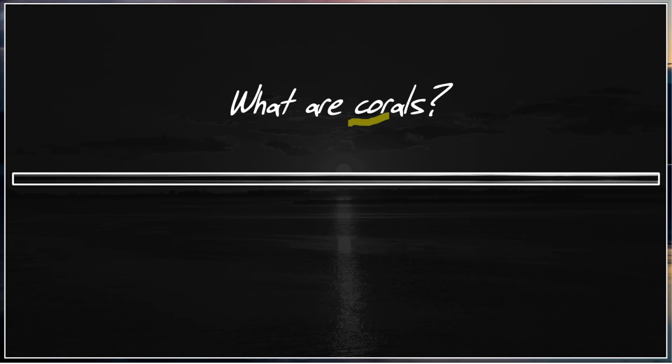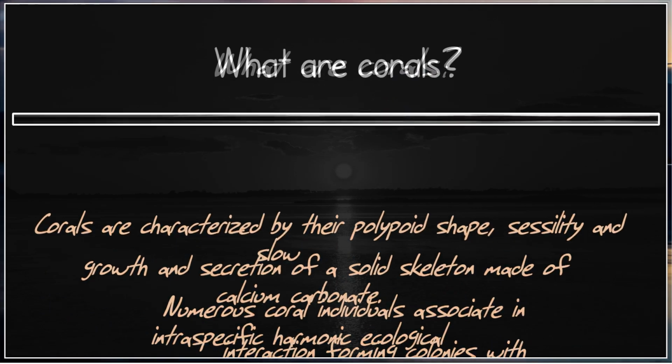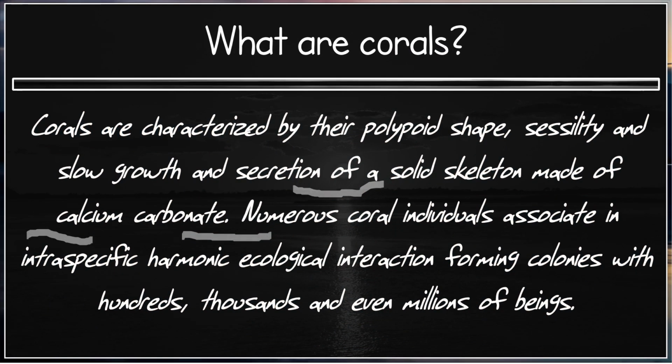What are corals? Corals are characterized by their polypoid shape, sessility and slow growth, and secretion of a solid skeleton made of calcium carbonate.